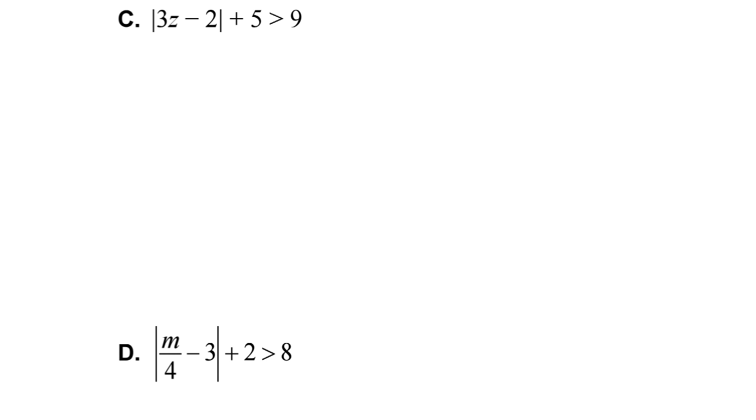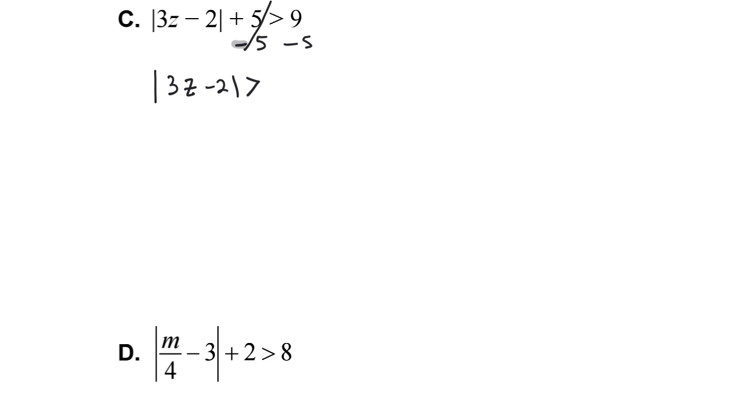Okay, C, we have the absolute value of 3z minus 2, plus 5, greater than 9. Remember, we want the absolute value by itself, so we're going to subtract 5 from both sides. So we have the absolute value of 3z minus 2. 5 minus 5 is 0.